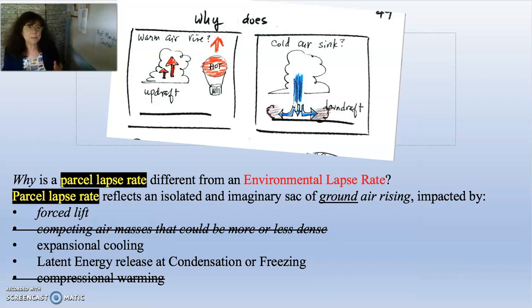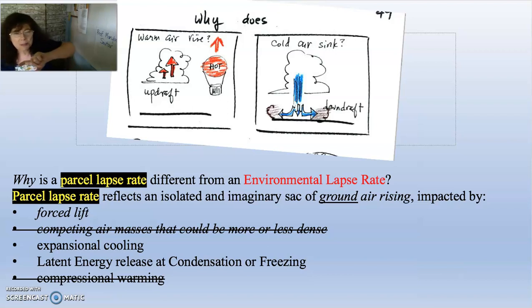In other words, this imaginary sac is not going to be calculating the impact of competing air masses because it's an imaginary sac. And it's not going to be calculating the result of compressional warming because we don't know where this sac is going to end up. So we are strictly going to be doing the calculations really based on the expansional cooling that we talked about.